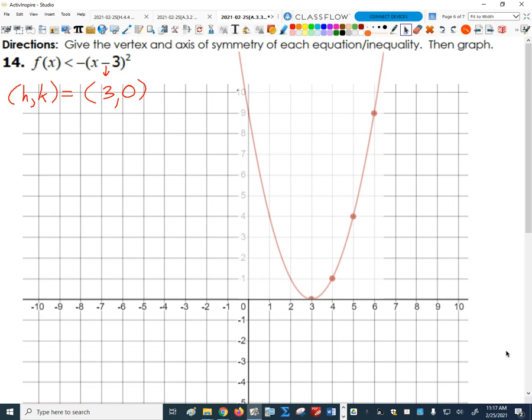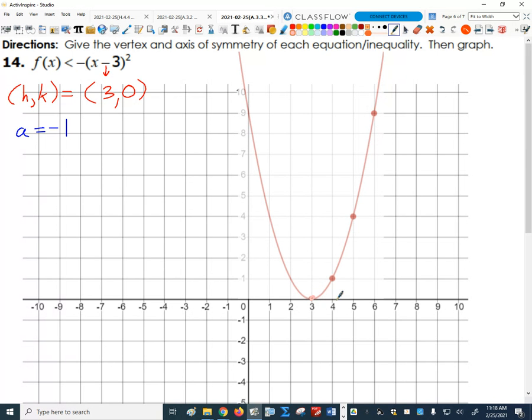What's the value of A? Type that in. Okay, good. It's -1. So then we should expect that here are our normal parent graph values, right?